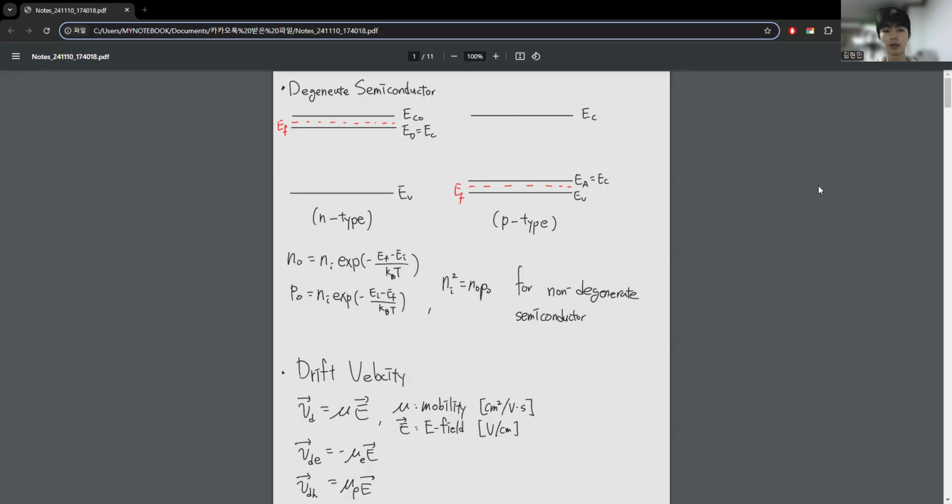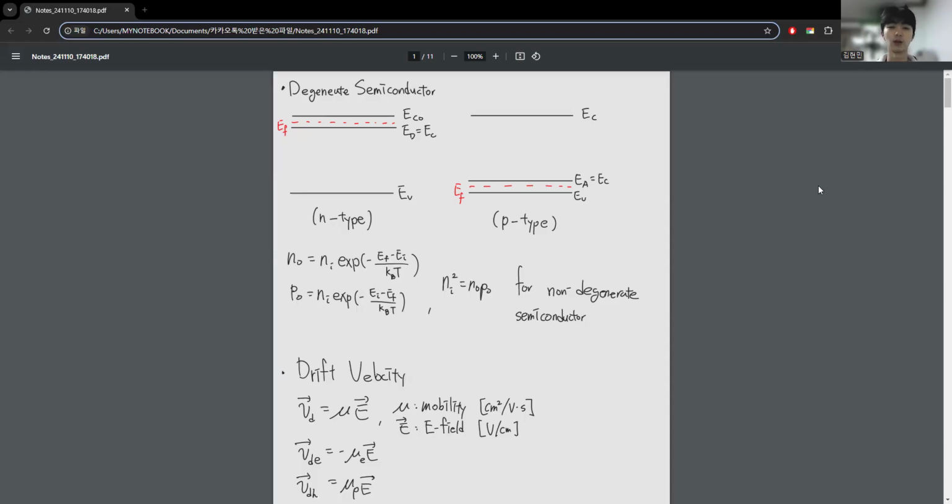Hello. I'm going to talk about carrier transport phenomena. First, we're going to talk about degenerate semiconductors. A degenerate semiconductor is one with too much doping, so the semiconductor works like a conductor. A degenerate semiconductor is not a general semiconductor.